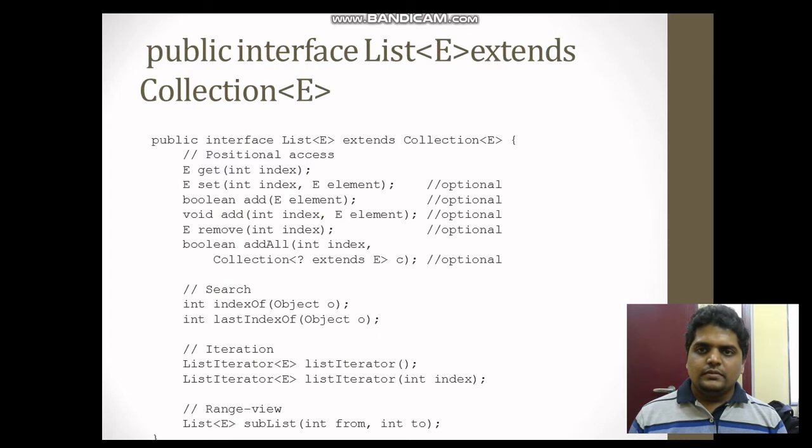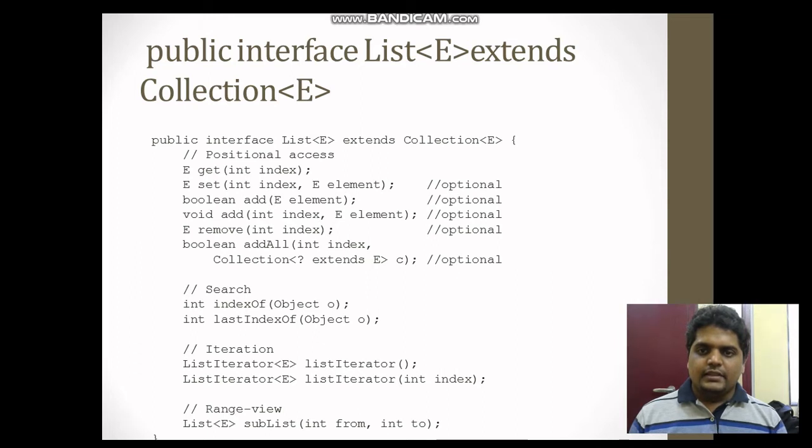Let's move further. So public interface List extends Collection. There are some methods such as get, in which we specify the index that we need to get from the list. Similar to get we have set, where we set that particular element, and that element is included by E element.